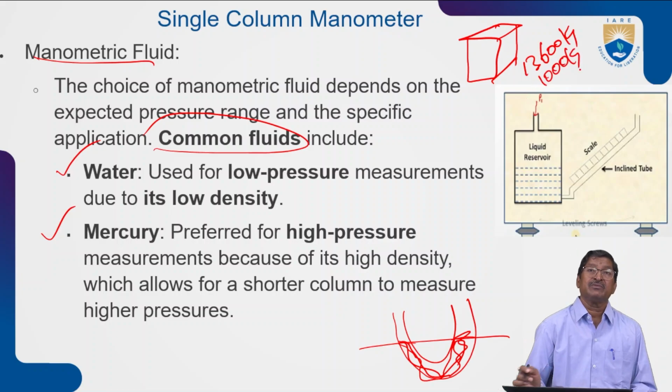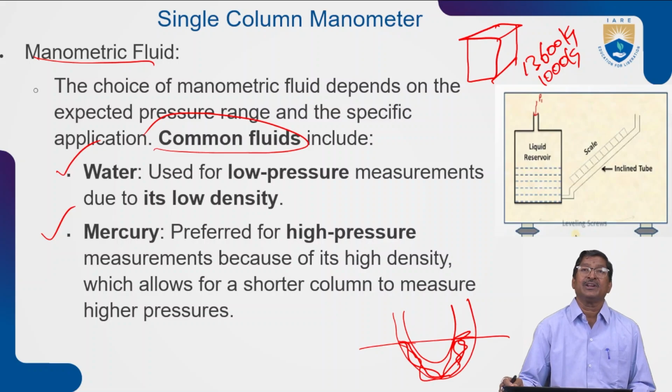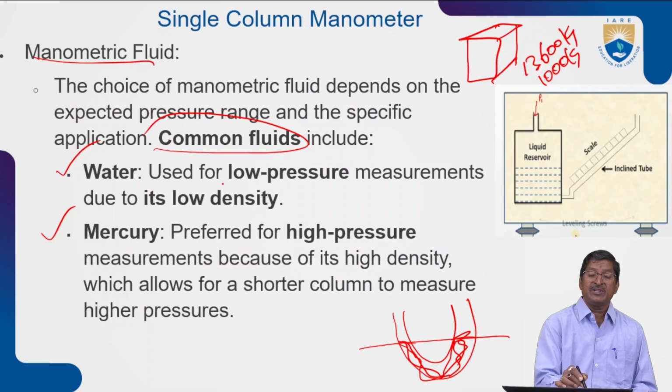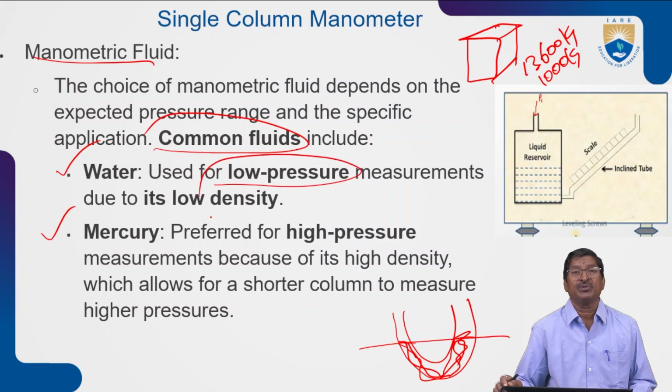So by means of this higher density and lower density, we can observe that if you want to measure the lower pressures, we can use the water. You can use the water as a fluid in a manometer.